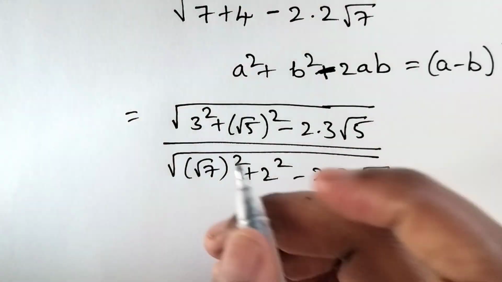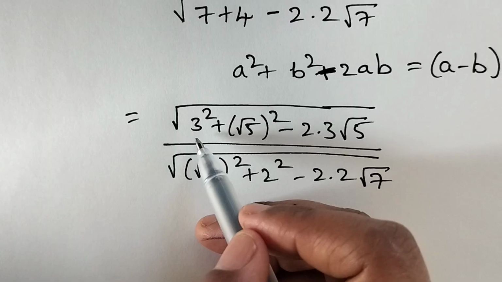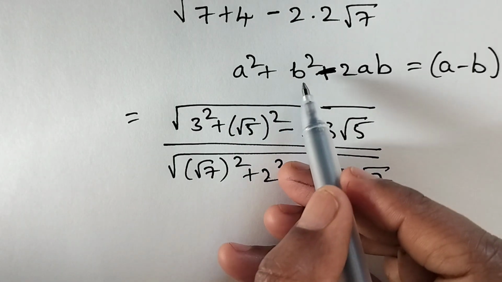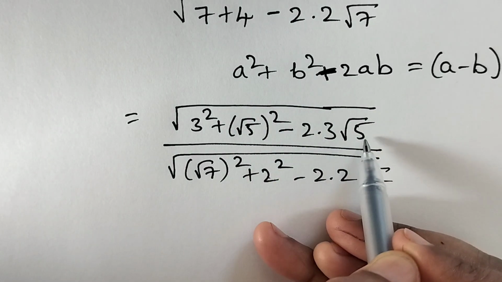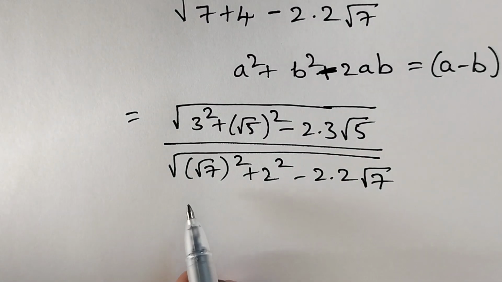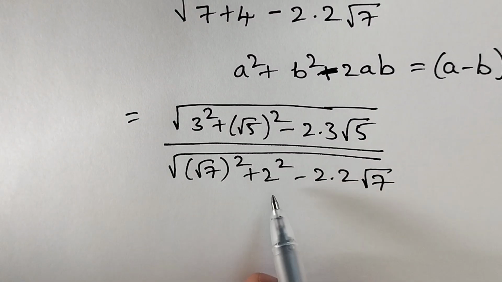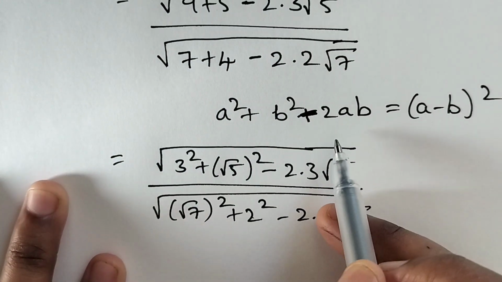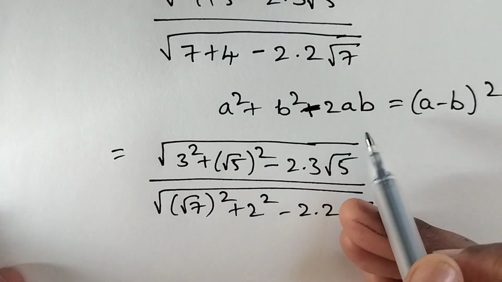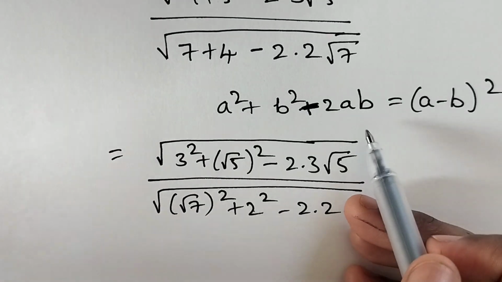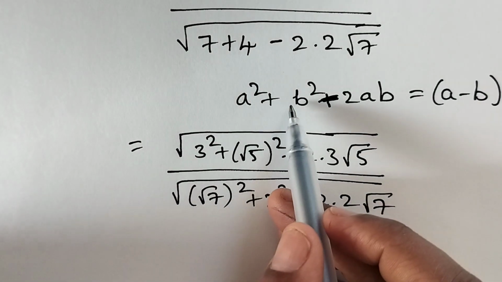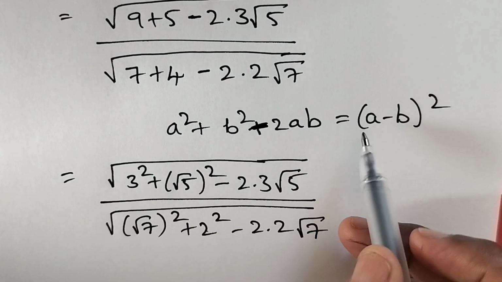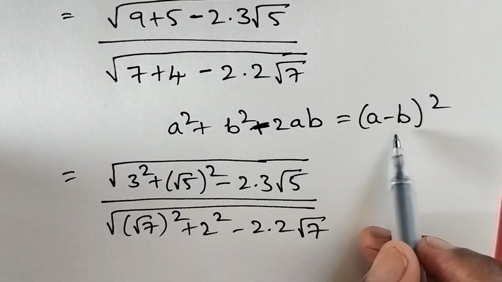You can see this is in the form of a square plus b square minus 2ab. So use this formula, and we are going to write it in this form.